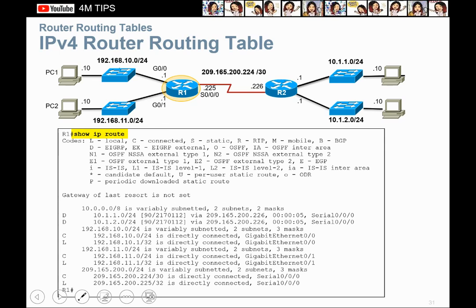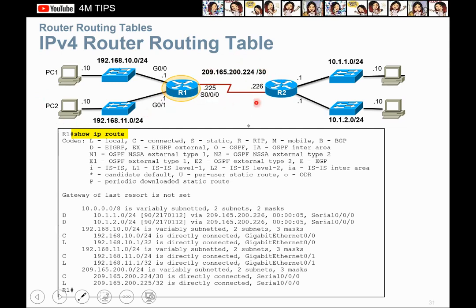So when you go to router 1 and do show ip route, the IP addressing tells you that in order for me to route to 192.168.11.0, I am directly connected through the interface GigabitEthernet 0/1, which represents this network. Okay, let's move on.